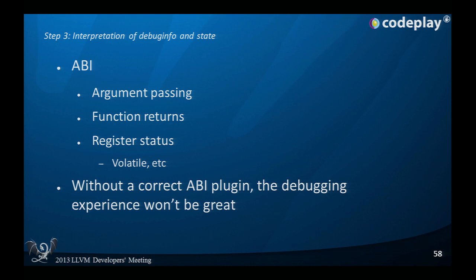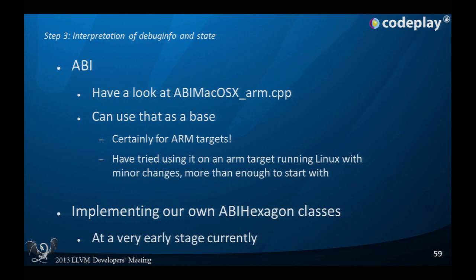Next, the ABI for your argument passing, your function returns, what registers are volatile, etc. Without this, the debugging experience won't be great. You'll get weird things happening. You can just have a look at the OS X one for ARM, and you can use that as a base. I've done it before for a Linux ARM target.